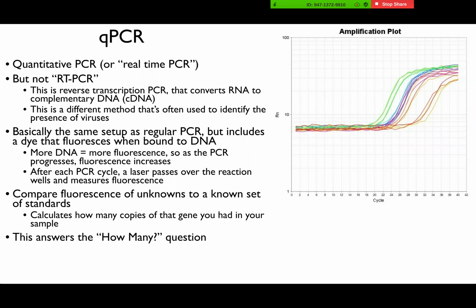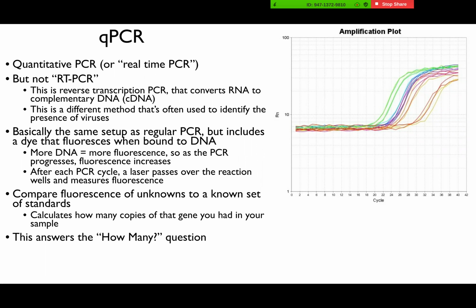There's also a special technique called quantitative PCR, or what's sometimes called real-time PCR, that we can use to quantify the amount of DNA or the amount of a gene product in a given sample. I'm not going to dive too deep into this, but just know that anytime you see qPCR, or quantitative PCR, what you're doing is calculating the abundance of your PCR product.